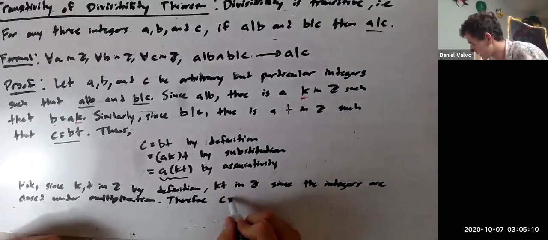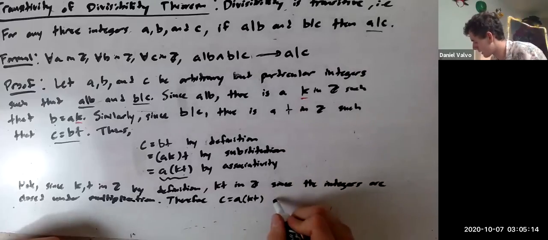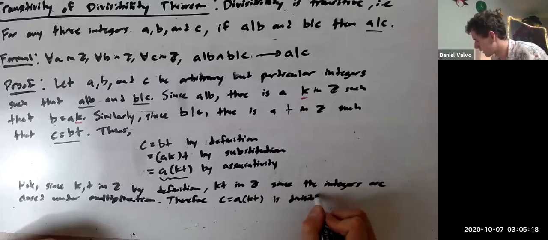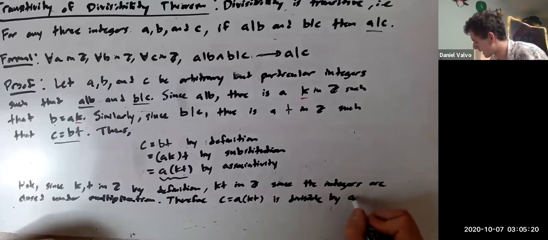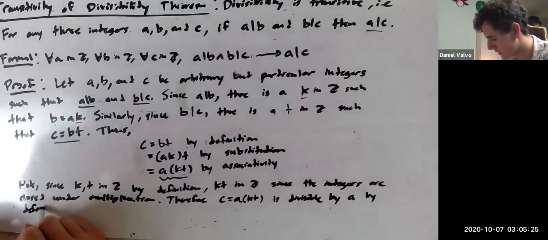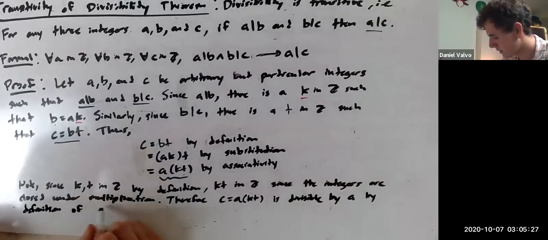Therefore, c, which equals akt, is divisible by a by definition of divisibility.